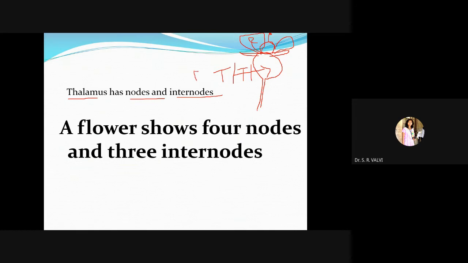So this swollen tip has what? Nodes and internodes. See here, a flower shows 4 nodes and 3 internodes. Most flowers have 4 nodes and 3 internodes. Now which are those?